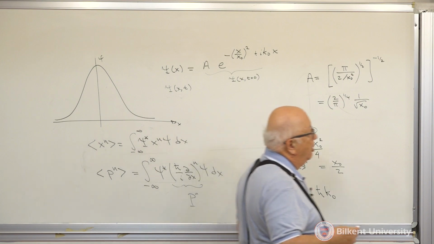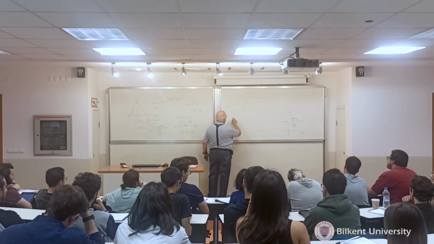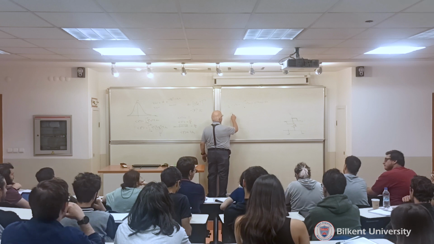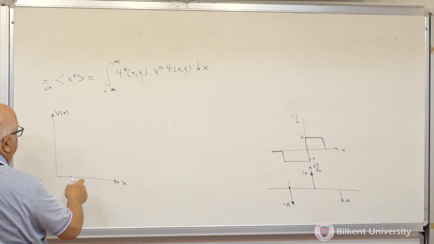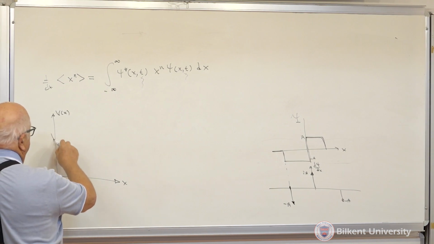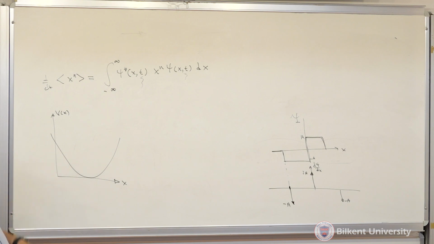So suppose I have a potential, suppose I have V of x. Suppose I have a potential energy curve which looks something like this. It may be a parabola or some other type of curve, but it's not constant.